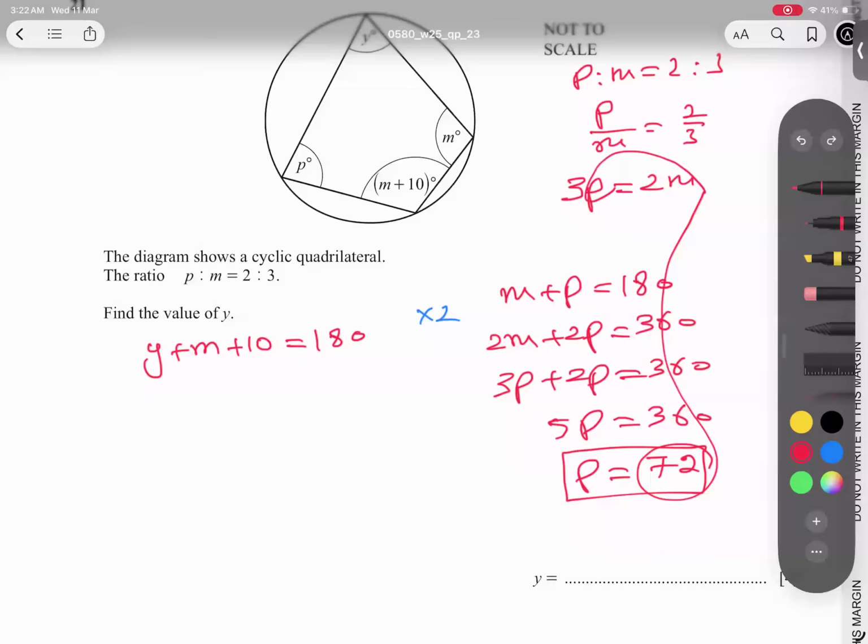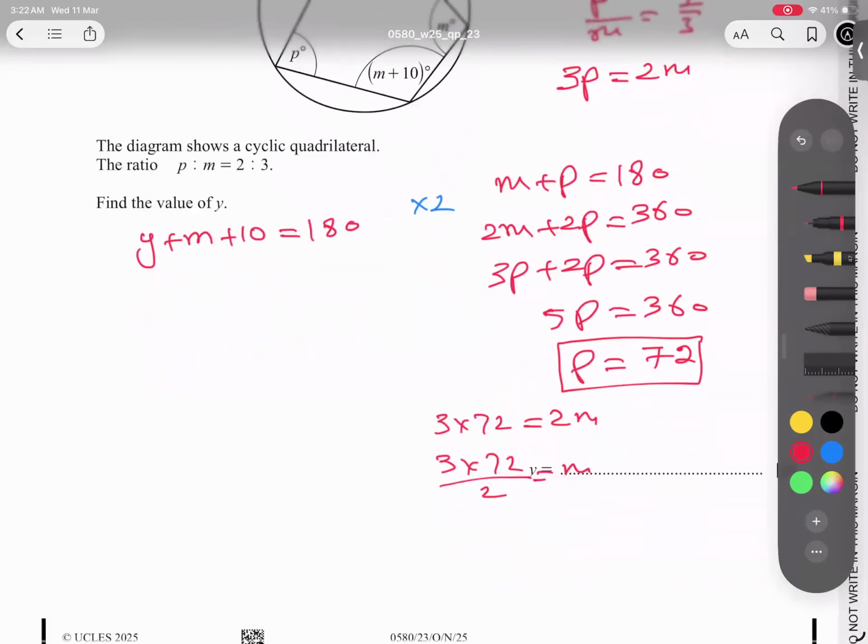I'm going to plug this value in here: 3 times 72 equals 2m. This 2 will divide: 72 by 2 equals m, so 2 36 times, and 3 6s are 18, 1 carry, and 9, 108. I got the m value 108, and this value I'm going to plug in here.